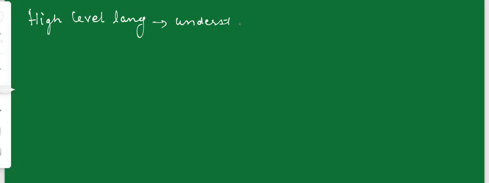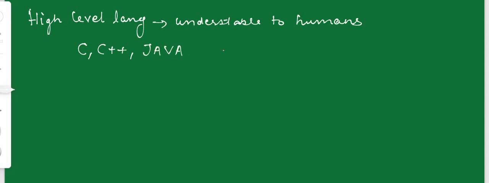Then we come to high level languages. Again, as I said, they are more understandable to humans. I am not saying that you write sentences and converse with the computer, but you write in English. For example, C, C++, Java, Python, PHP, C#, or R programming.